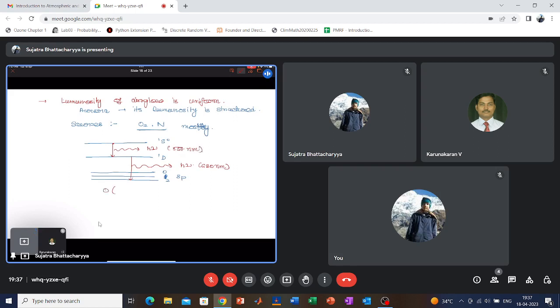So this is oxygen 1s gives oxygen 1d. So these are the states. From 1s to 1d, if it jumps, then it releases a photon of 557 nanometer, which is the green line. So it is green line day glow emission.